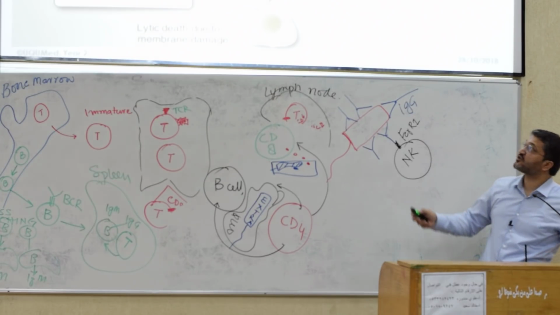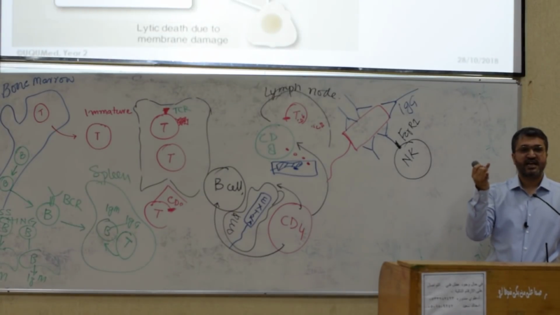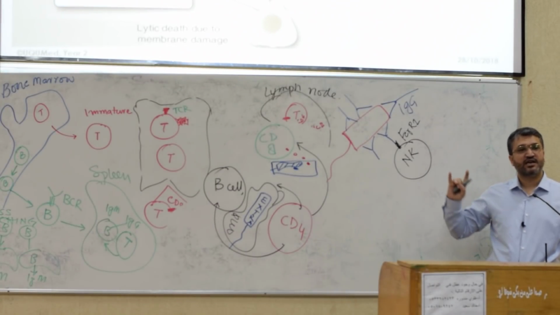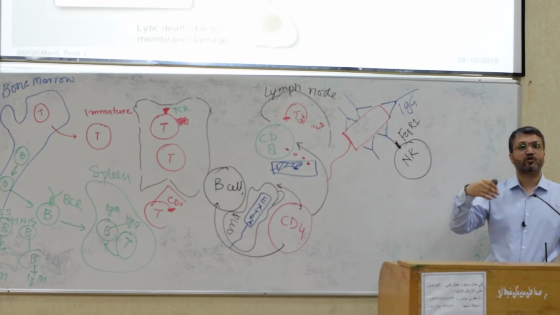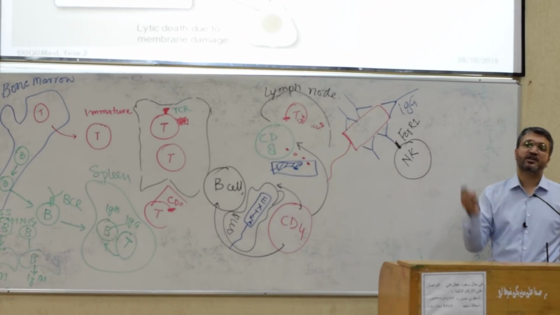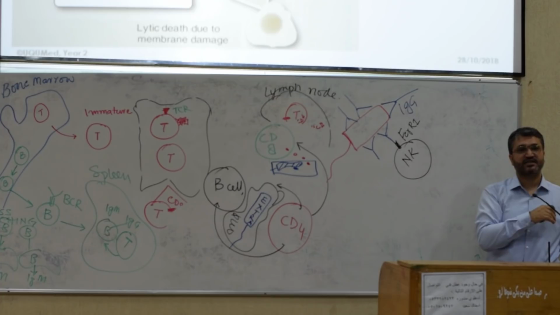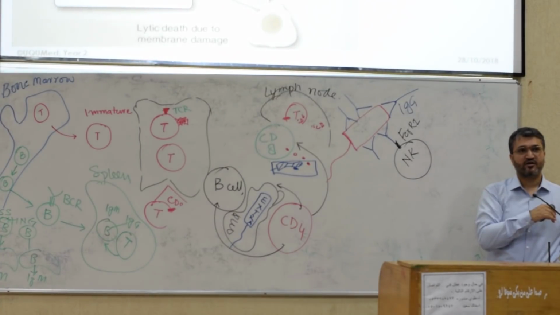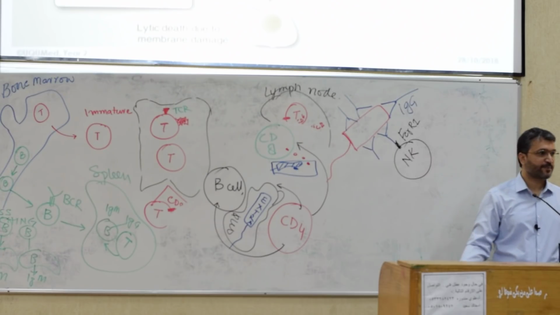If you look at this term in detail, antibody dependent means if there is no antibody, the natural killer cell cannot recognize it. Cell mediated, so the natural killer cell will be activated to kill the bacteria or to kill the cell which has got bacteria inside. ADCC is the short form for this.